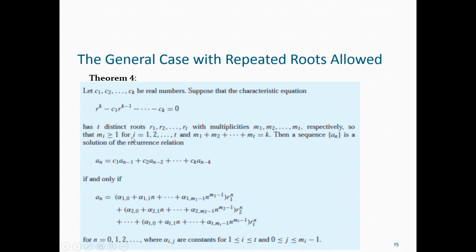And if it has t repeated roots with multiplicity m1, m2, up till mt respectively, where mi is greater or equal to 1, then the solution of this recurrence relation will be of this form.